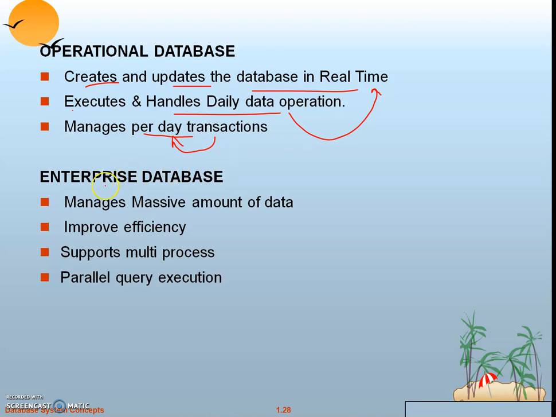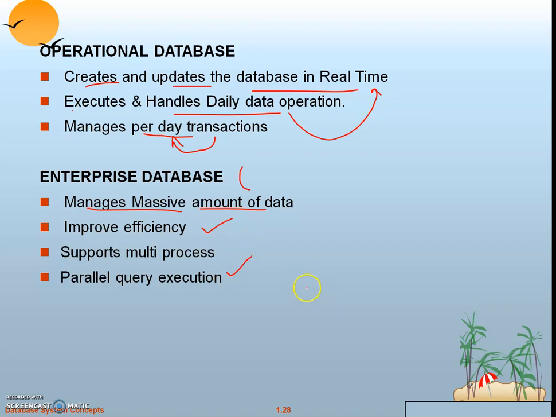Next one is the enterprise database. An enterprise database is a database maintained wholesomely for an enterprise. It has to handle a huge amount of data, or I can say it may have to manage a massive amount of data. This has to be taken care of in a highly efficient manner, and access should be given to multiple users.